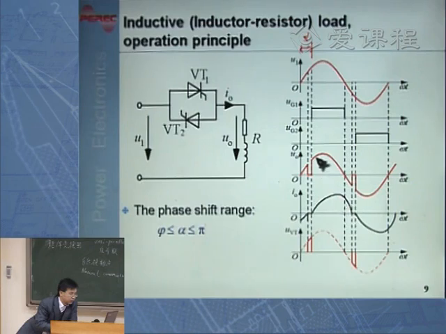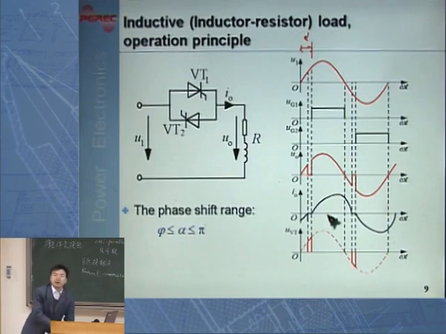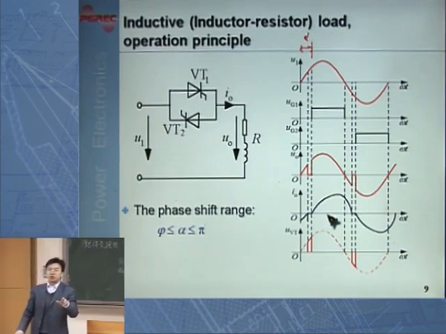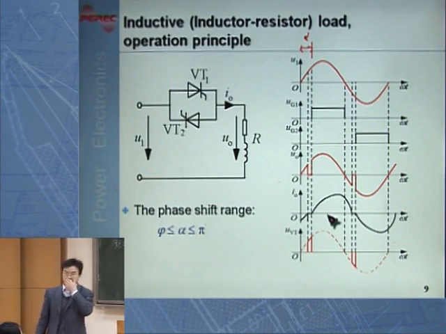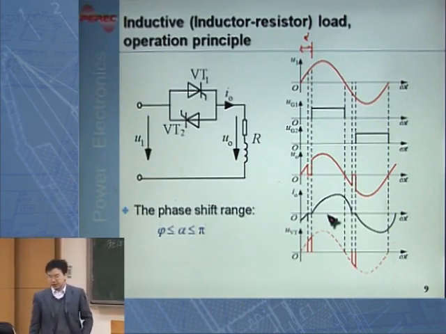Therefore, the load voltage between these 2 points will be the same as the input voltage. Those are the 2 points where the inductive load is different from the resistor load.